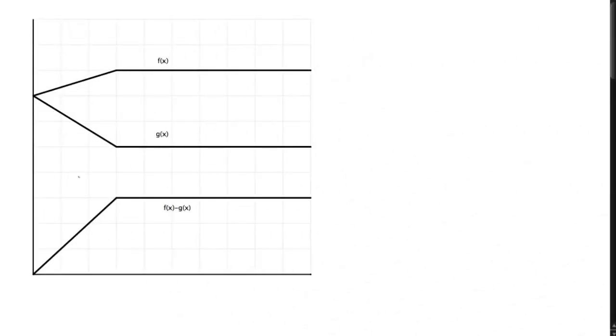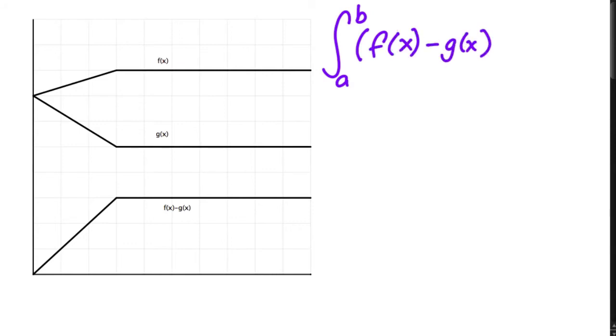And it works similarly for the difference. If you have the integral from a to b of a difference, f of x minus g of x. Here we have a graphic example of f of x minus g of x. If you take the area underneath f of x and then subtract the area underneath g of x, you're going to get exactly the same thing.